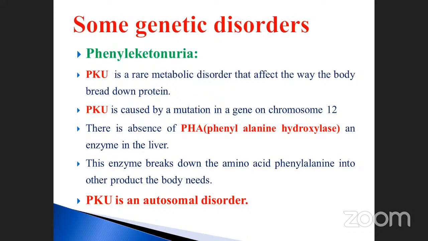Phenylketonuria, already we studied. One of the enzyme secretions, which chromosome is very, very important. Phenylketonuria is caused by a mutation in a gene on chromosome 12. Note it down, my dear. So phenylketonuria, which chromosome disorder is it?